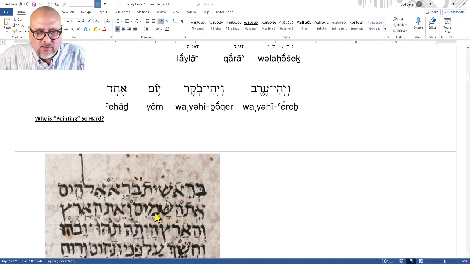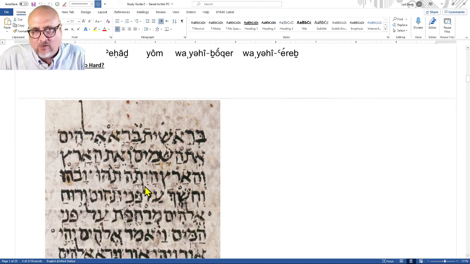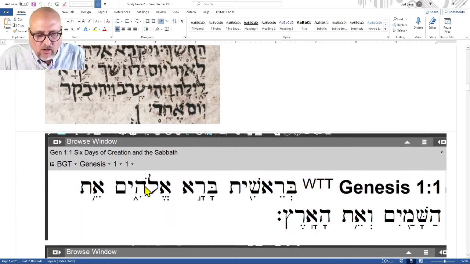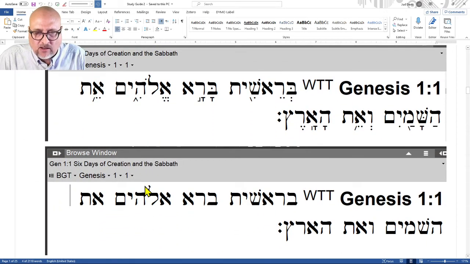So the question is, why is this pointing thing that we're learning, this little symbol system, so hard? Well, the reason it's hard is because originally there was no pointing system. So if you brought Moses to this text, Moses could not read these little dots when he was on earth. These little dots were made up in 400 AD.